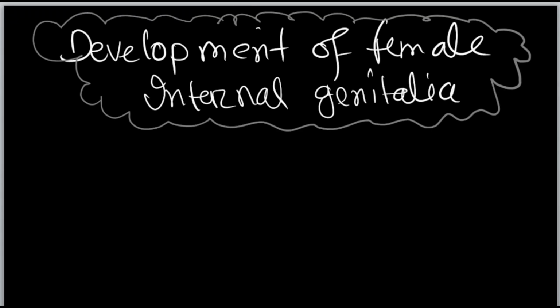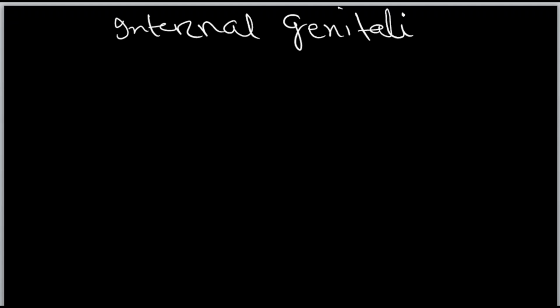Now the development of internal genitalia, the derivatives, from which developing structure which part gives rise. First of all, internal genitalia is derived from different structures.